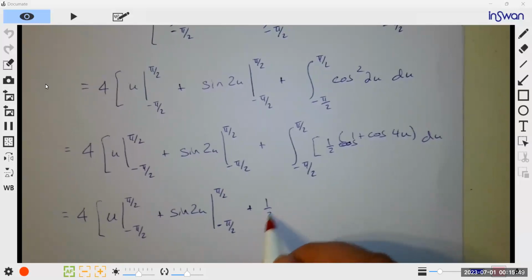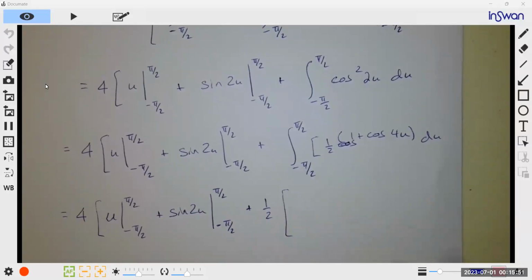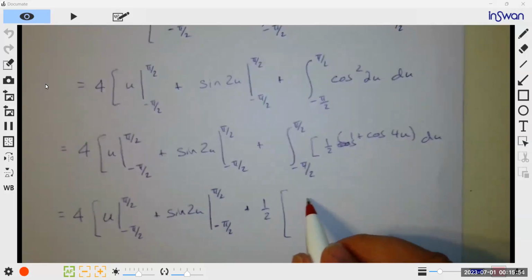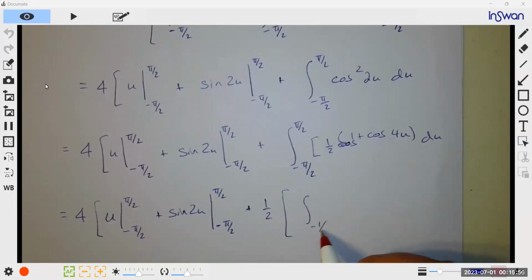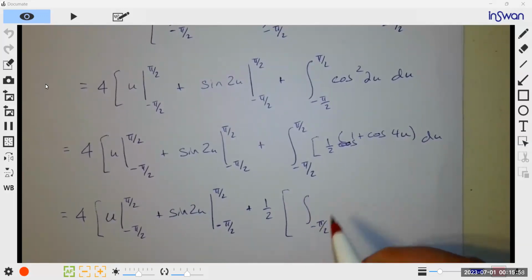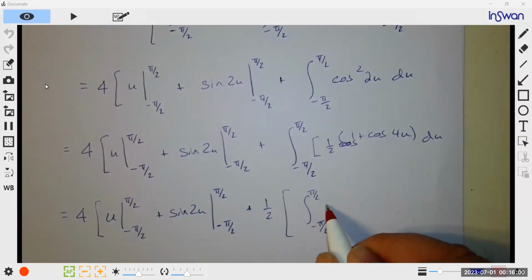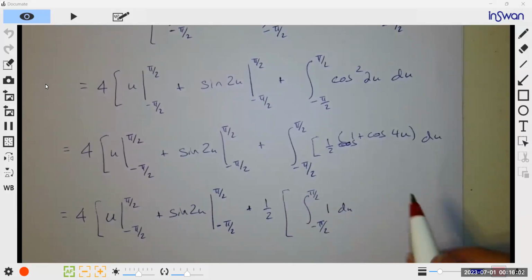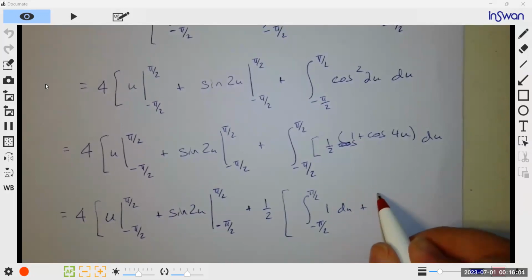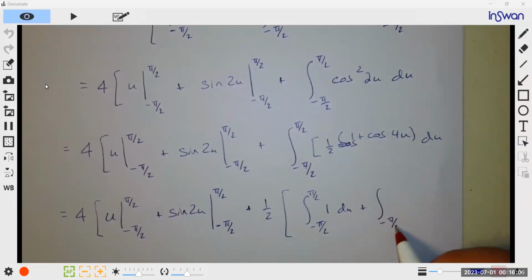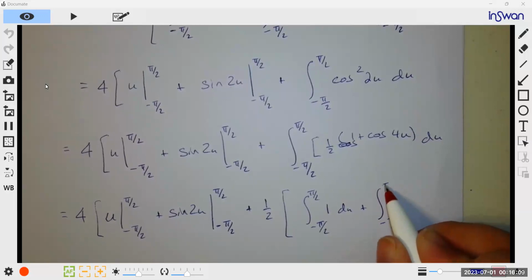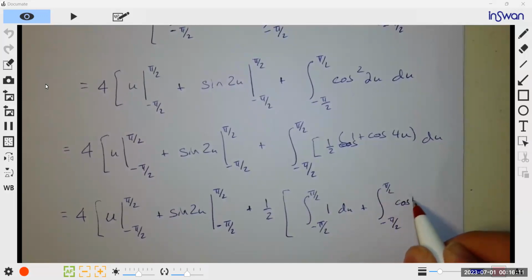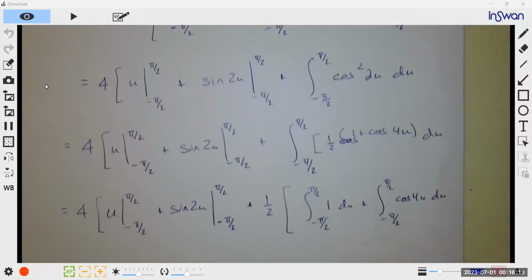So the 1/2 comes out in front. And then I could split both of those. 1 du, cosine 4u du.